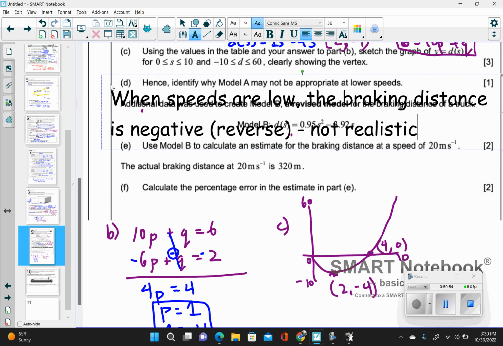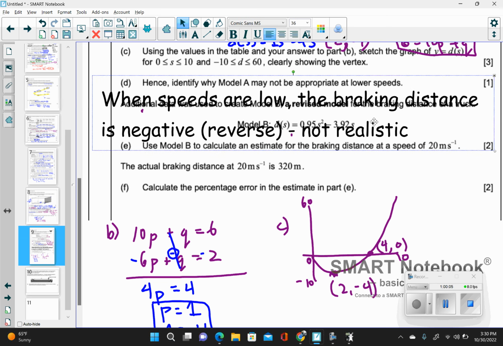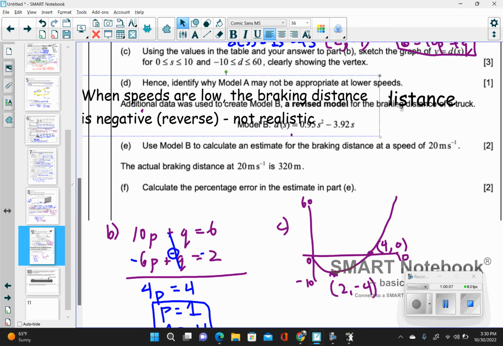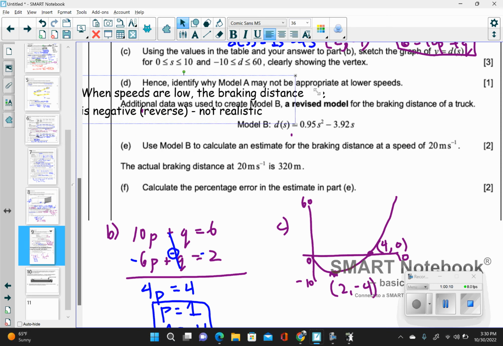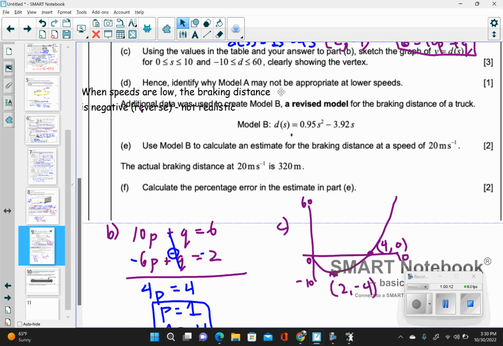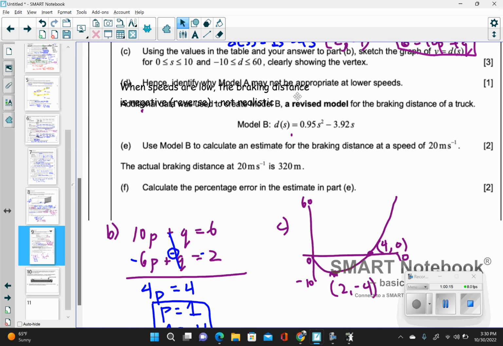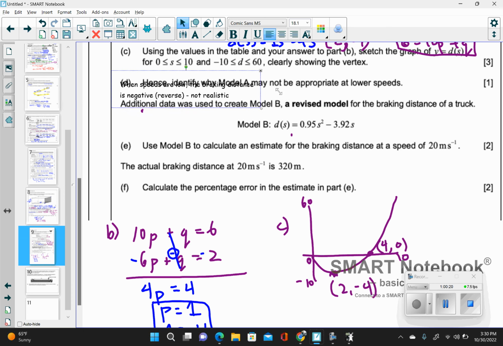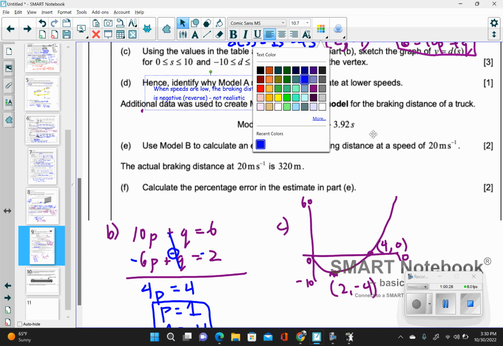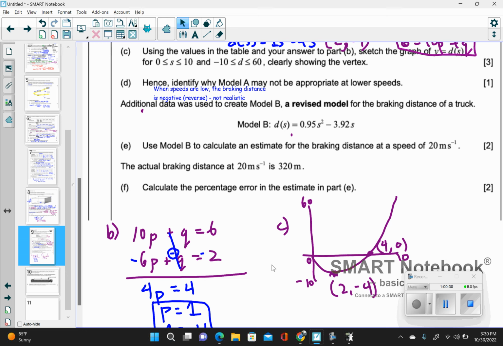Okay, so that is your answer for part D. Let me just go ahead and make this a little bit more legible, making it smaller so it can fit. You get the point, but let me just try to do this a little bit better. Okay, there we go. All right, so that is part D.